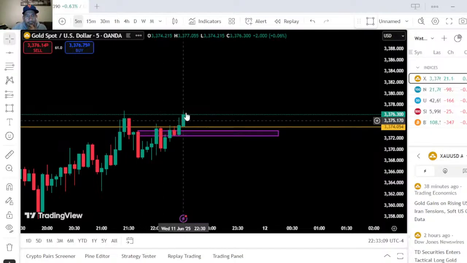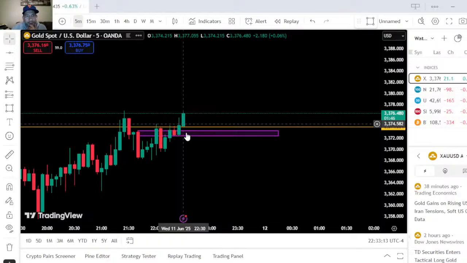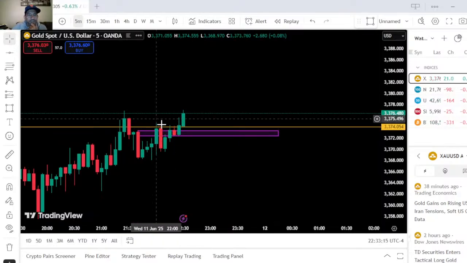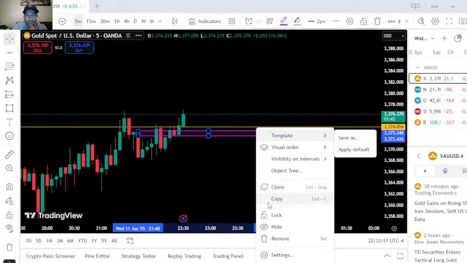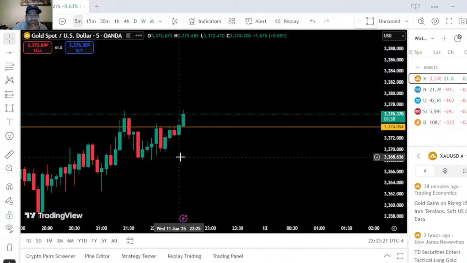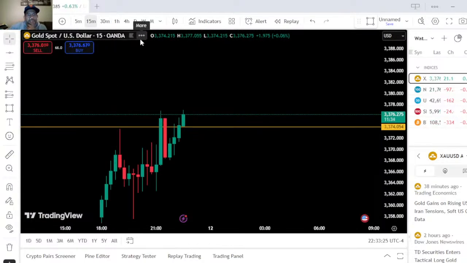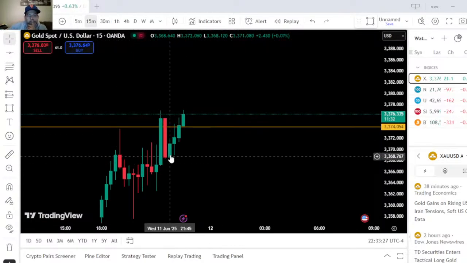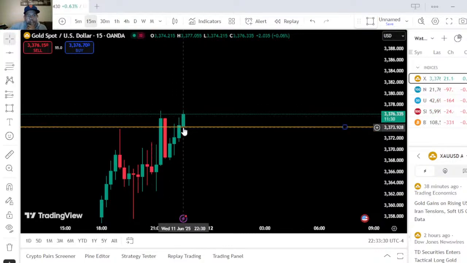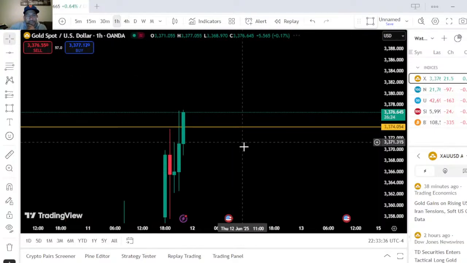Either way, it formed that support here. Now it's ripping up, but this 5 minute has no bottom wick. But there's a minute left here, so let's see. 15 minutes looking very nice on the move up. No bottom wick there either. 30-minute, no bottom wick. Man.